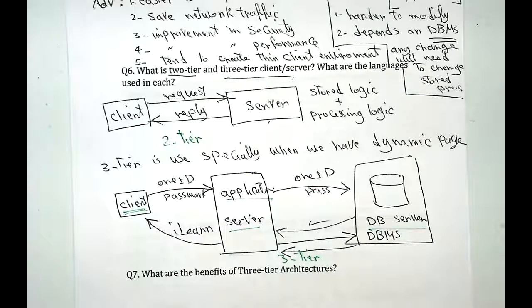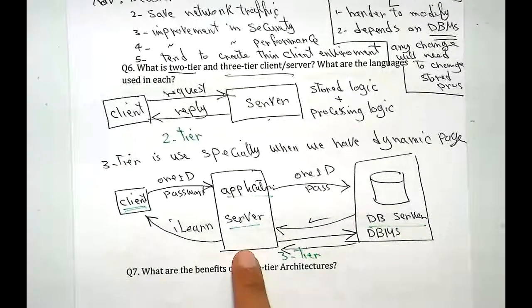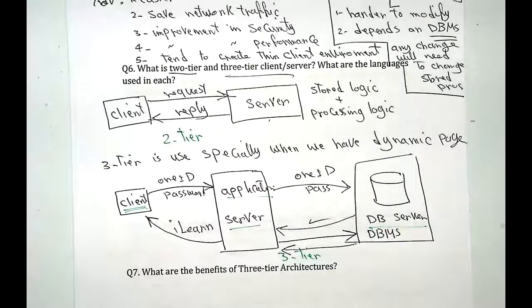Do you think your Facebook page is static? If you see the Facebook page without your data, it is just a white page with a light blue banner. That's it. But what happens is the application server gets the list of your friends and puts it on the left side, gets the list of your photos and puts it on top, gets the new posts and puts them in the middle.